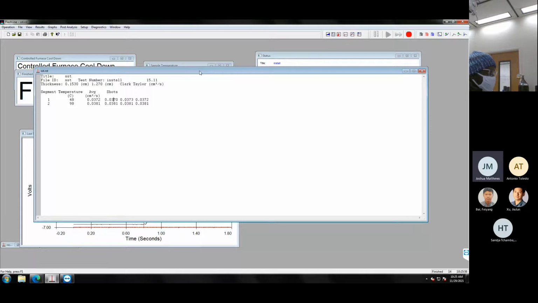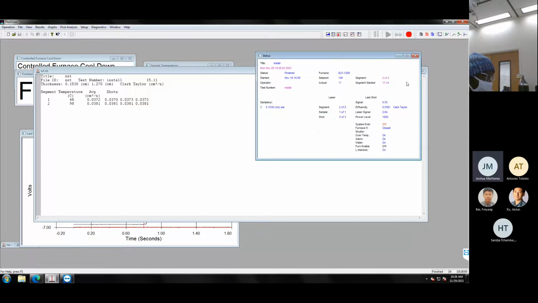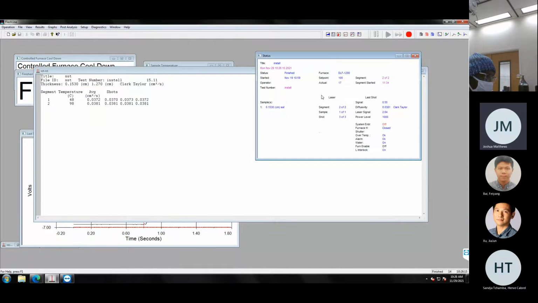As the test is running, there's usually a countdown, but you can't see it here because it's finished. I think it's 500 seconds: the sample temperature can't move 1 degree within 500 seconds. Once it meets that requirement, it'll try to maintain that temperature and then start taking the shots.